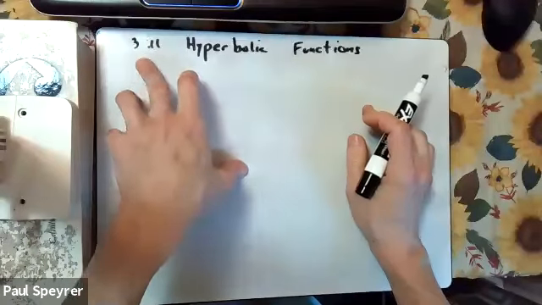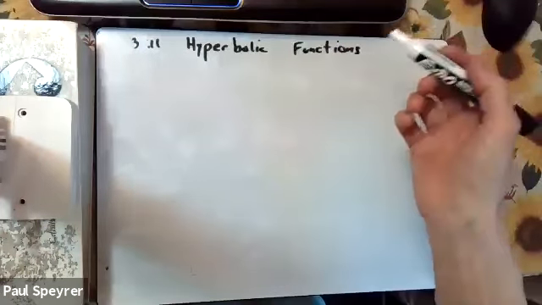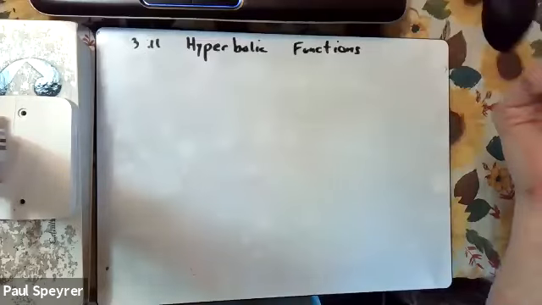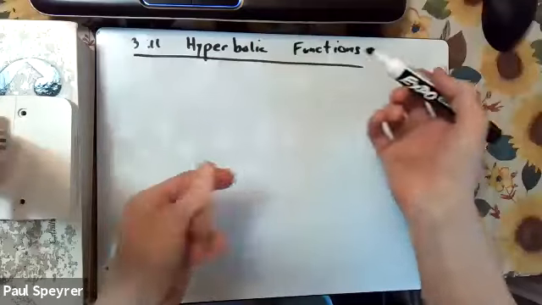This lecture is 3.11 about hyperbolic functions. So it's probably something you haven't heard of. You've seen the button on your calculator, and you'll see why in a second. But what are hyperbolic functions?